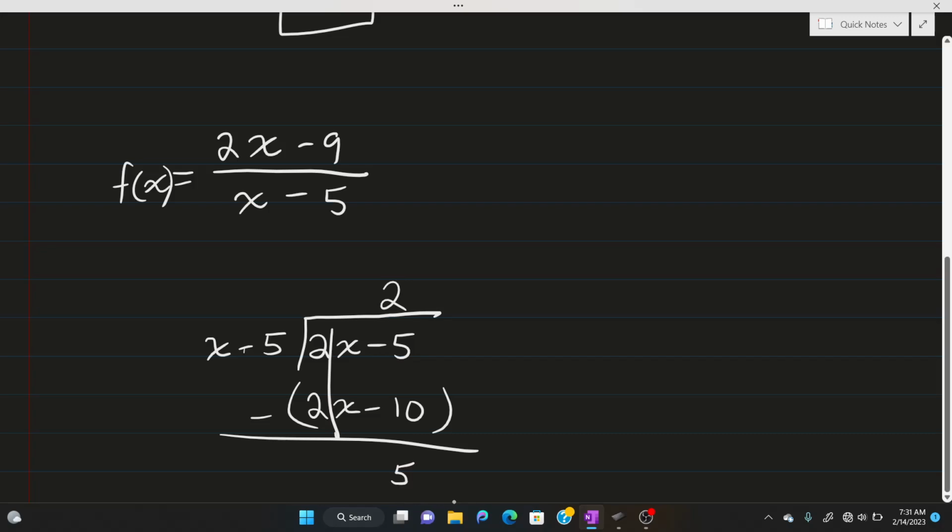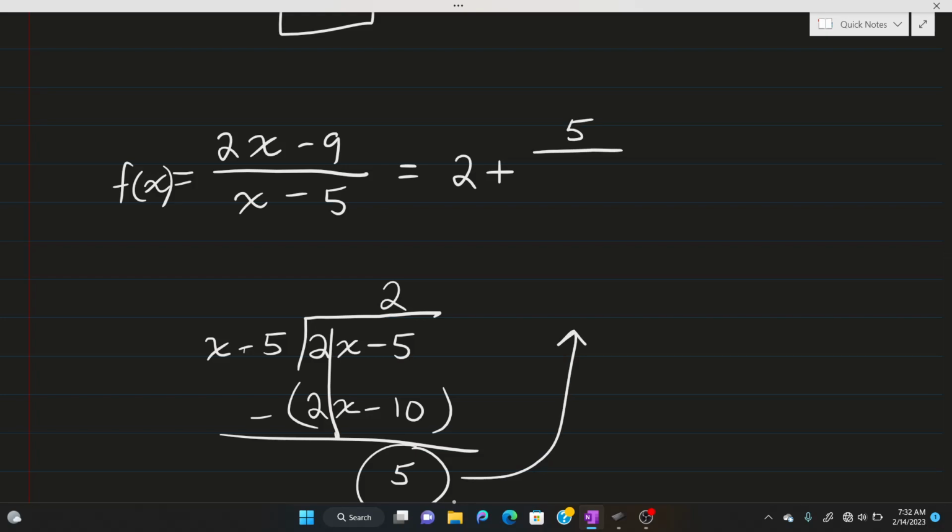Negative 5 minus negative 10 turns into a positive 5. So what does this mean? This means that this function is equal to 2 plus the remainder, 5 over, I still have to take the remainder and divide by what I was dividing by, which is x minus 5.